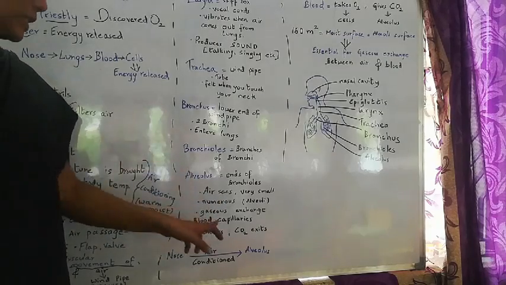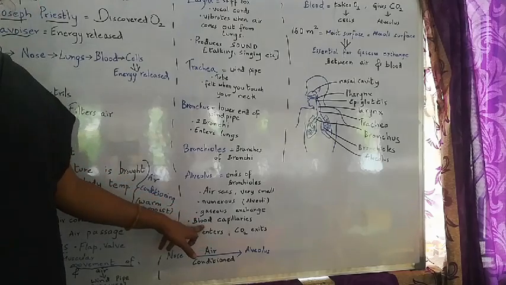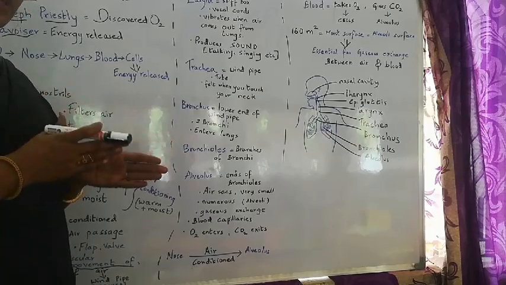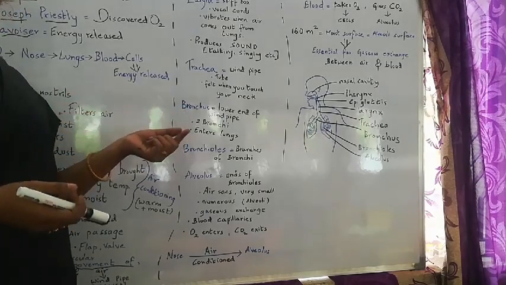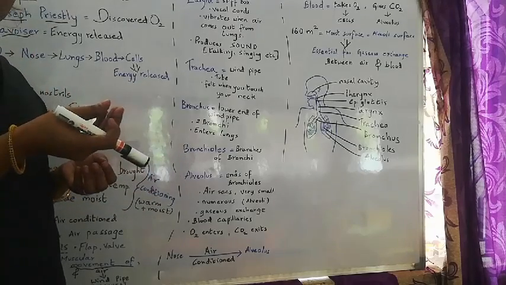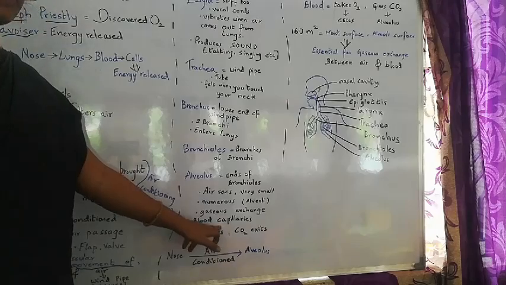Why did I use the word tiny? Because they are called blood capillaries. They are not arteries, but when arteries or veins divide and become very tiny, very thin, fine net-like structures, we call them blood capillaries.